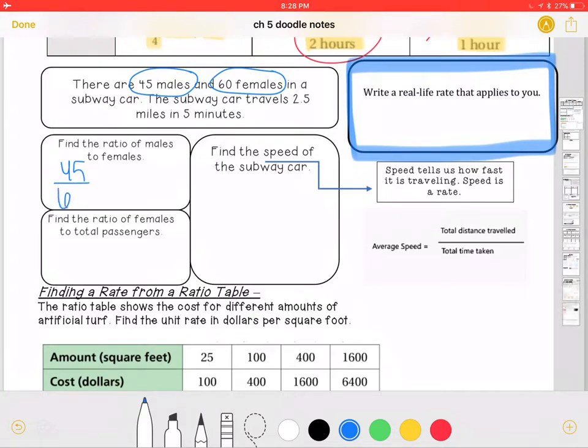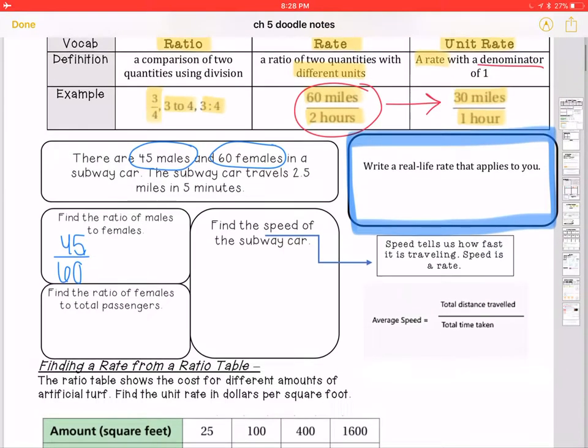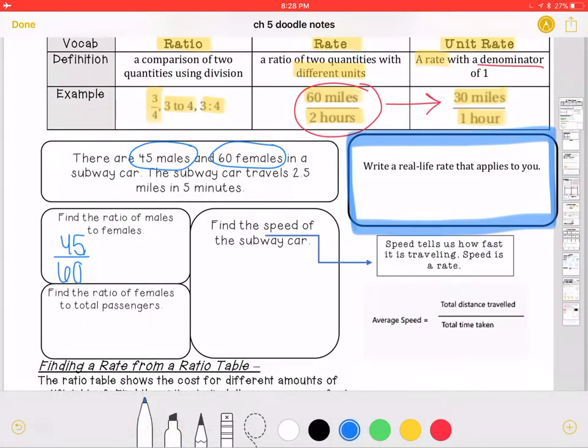You can write that as a fraction. You can write that with words or with the colons in between. Any of the 3 ways that we show to represent a ratio, like we did up top here in our examples, are appropriate here. You'll most commonly probably see them moving forward as fractions.